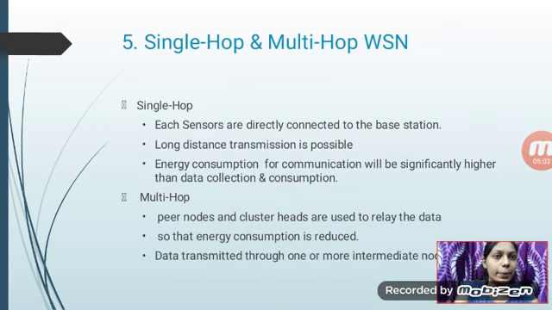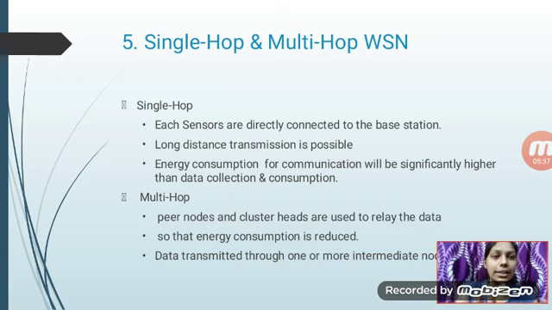The fifth one is single hop and multi-hop. In a single hop, each sensor is directly connected to the base station, which is called single hop, through which long distance transmission is possible. Here the energy consumption for communication will be significantly higher than for data collection and computation. In multi-hop, each sensor node is connected through multiple hops, and there are lots of sensor nodes and clusters.